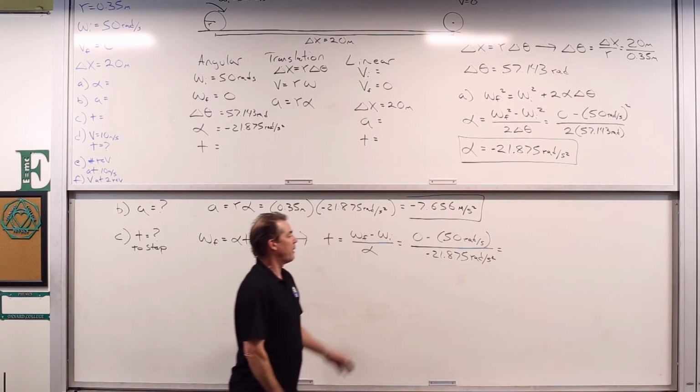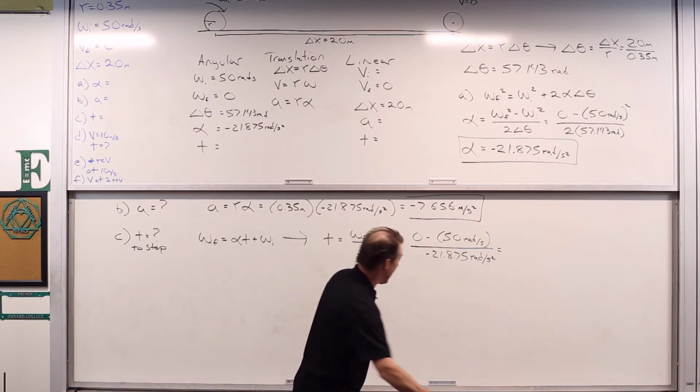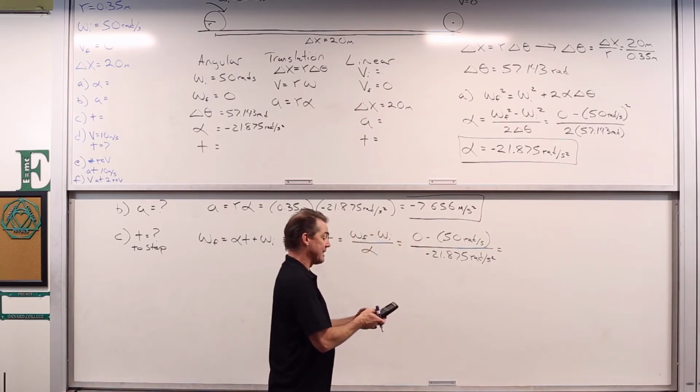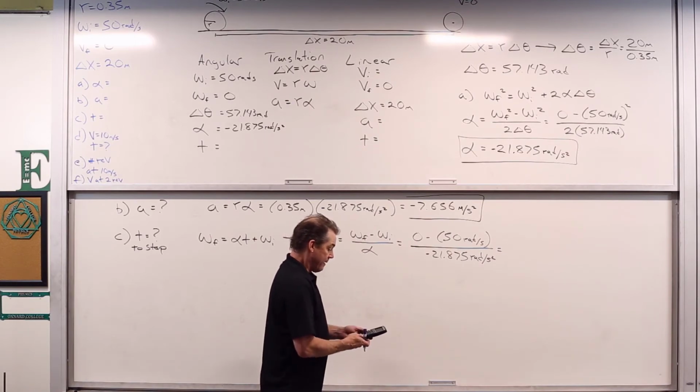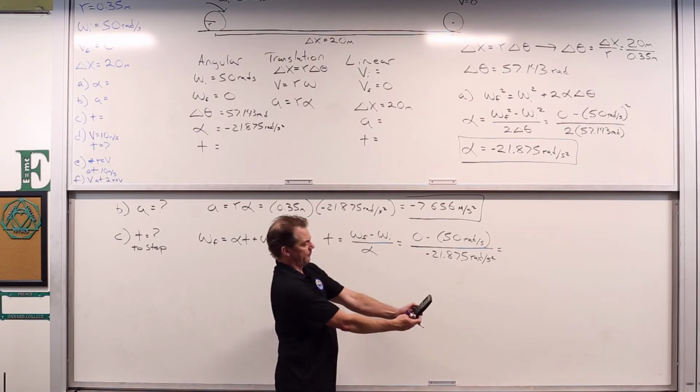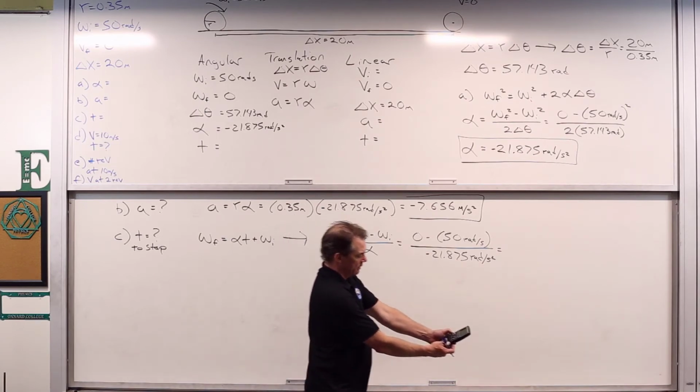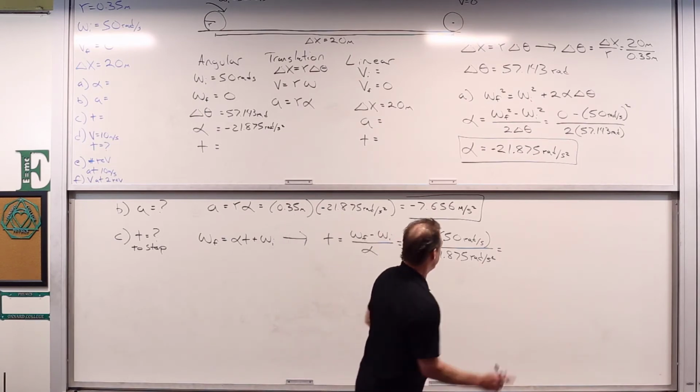Radians per second divided by radians per second squared will give us seconds, as it should. The negative signs cancel out, as they should. And we've got 50 divided by 21.875, which is about 2.2857.